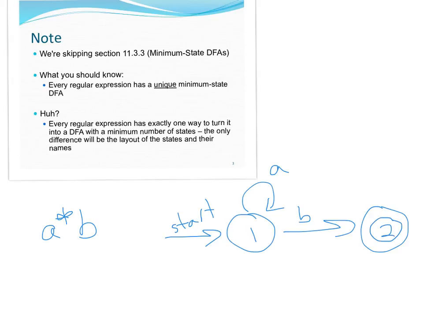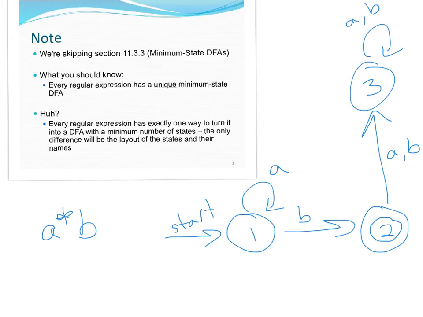So state 2 is an accept state, and if I have any A's or B's, they go to some trash state like that. So I think that's a DFA, and it accepts A star B. And I think that is the smallest one you can do. I don't think you can make a DFA for A star B that has fewer than 3 states, okay?